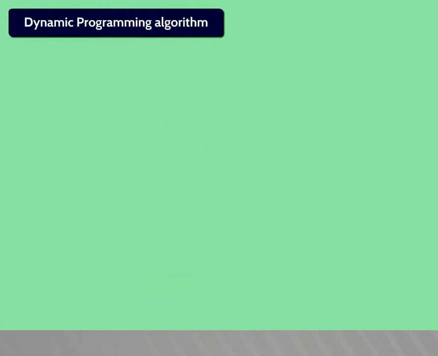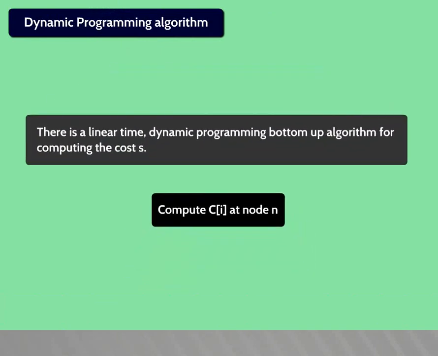Dynamic programming algorithm. There is a linear time dynamic programming bottom-up algorithm for computing the cost. Compute C of i at node n.